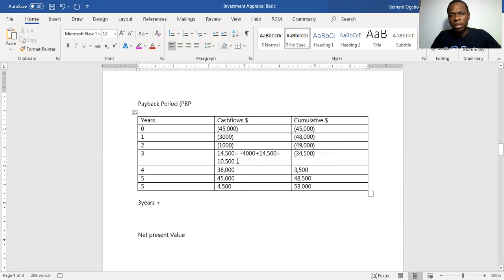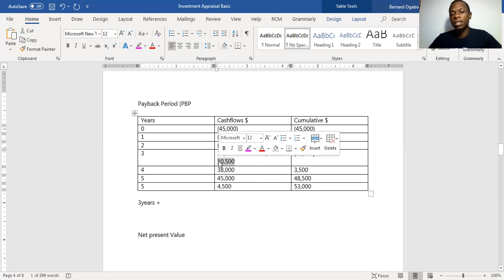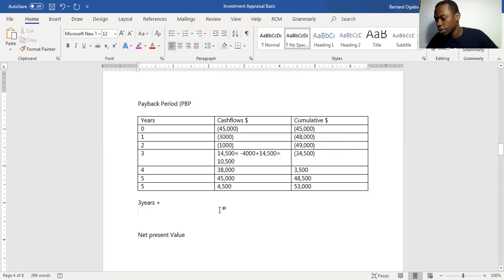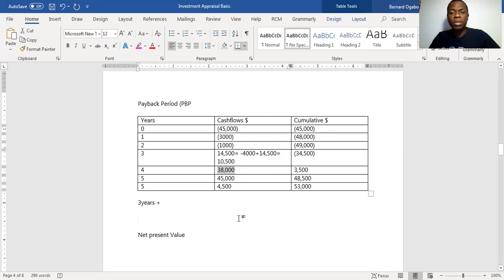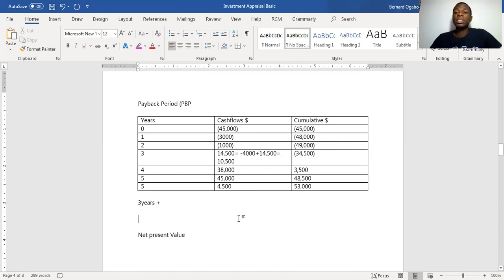I'm going to say 45,000, which is my initial outlay, minus 10,500, which I've already had as at the third year. It means that I need additional 34,500 to make up 45,000, because payback period is simply saying at which year am I going to recover the exact money that I invested in this business at the beginning.